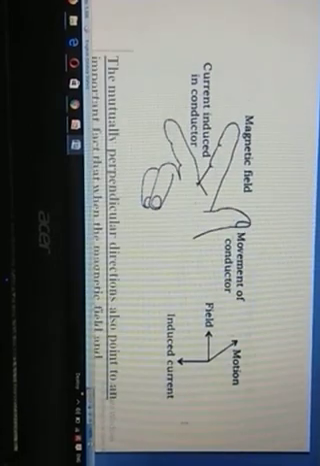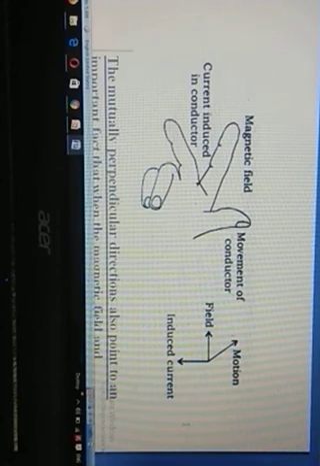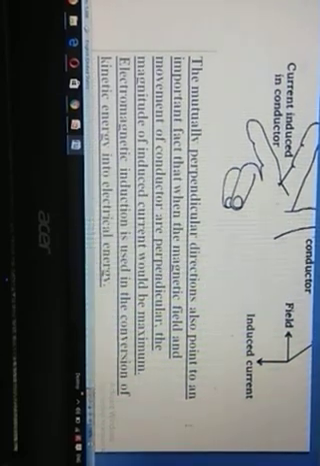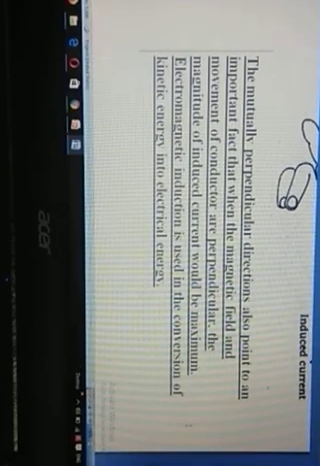If the right hand is stretched so that the forefinger, the middle finger and the thumb point in mutually perpendicular directions, with the thumb showing the direction of movement of the conductor, the forefinger the magnetic field, and the middle finger the induced current, then the magnitude of the induced current would be maximum. Okay, students.